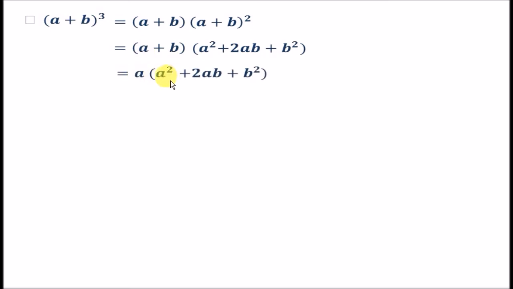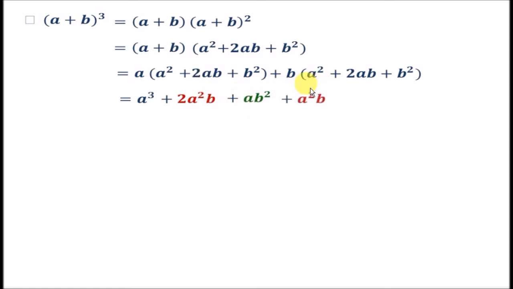First, a into (a² + 2ab + b²), and then plus b into (a² + 2ab + b²). a into a² is a³, plus 2ab into a will give us 2a²b. a into b² will be plus ab². b into a² will be a²b, plus 2ab into b will be 2ab², and b into b² will be b³.